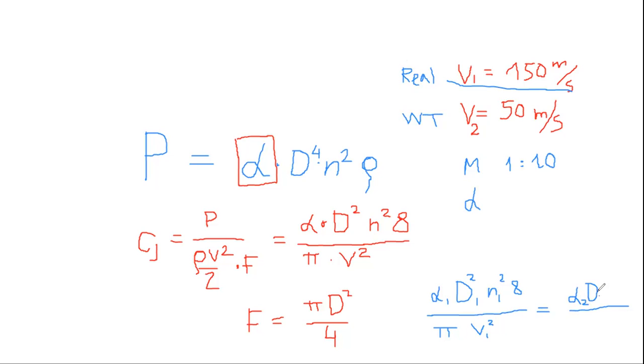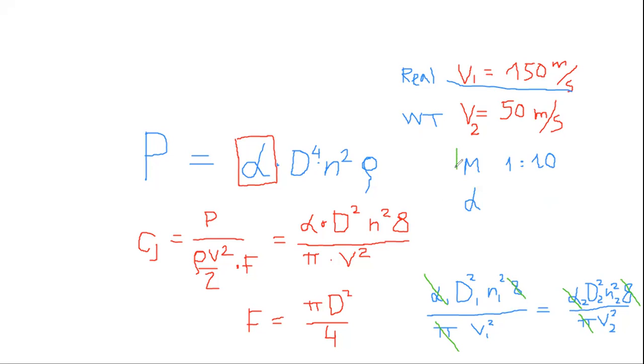Diameter 2, RPM 2, and so firstly cancel terms that are constant. So alpha doesn't change, we cancel it. P doesn't change, it's constant. Also H doesn't change, it's constant.